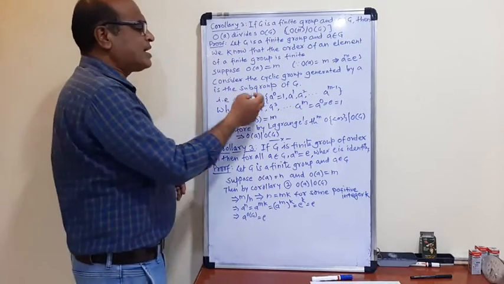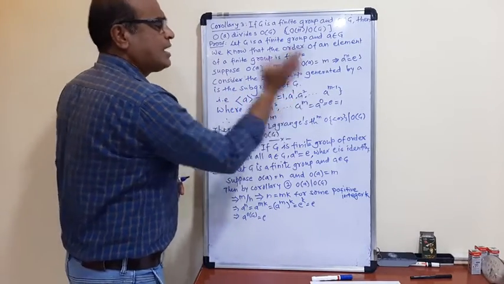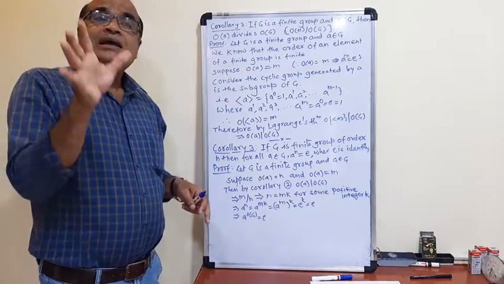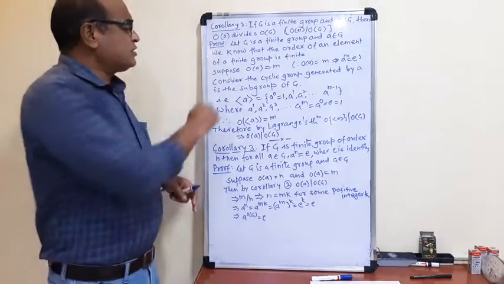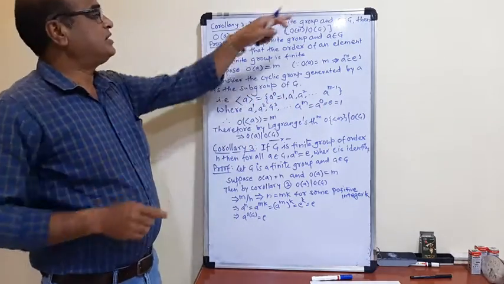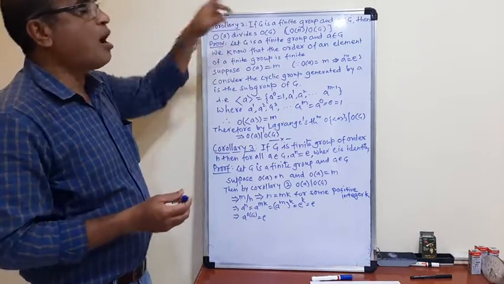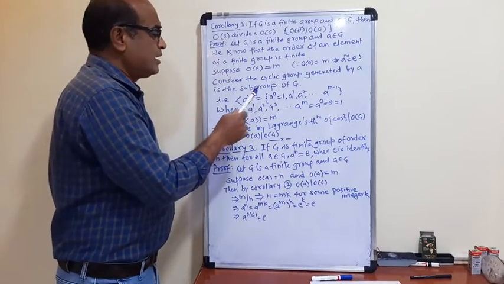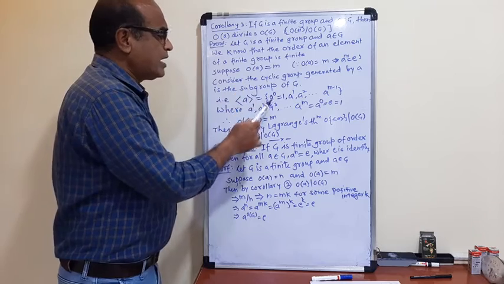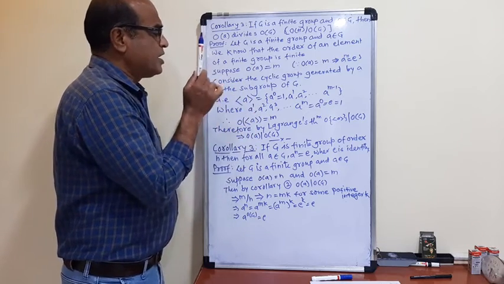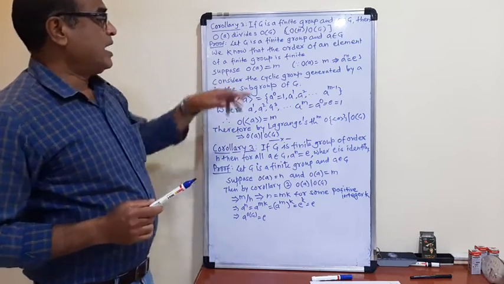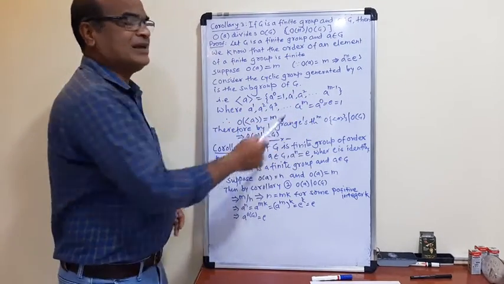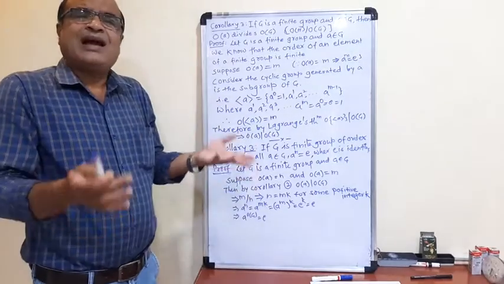How many elements are there? 1, 2, 3, up to m. So in this cyclic group there are m elements, and this is a subgroup of G, consisting of a, a squared, a cubed, and so on, where a raised to m is equal to e, the identity element.